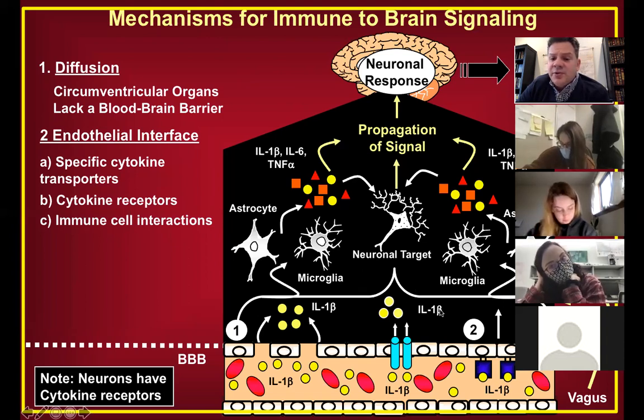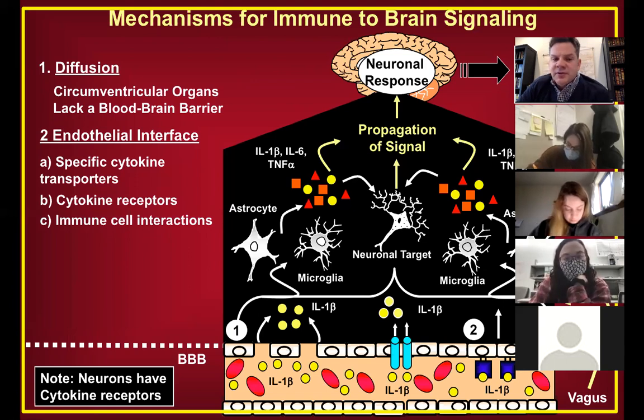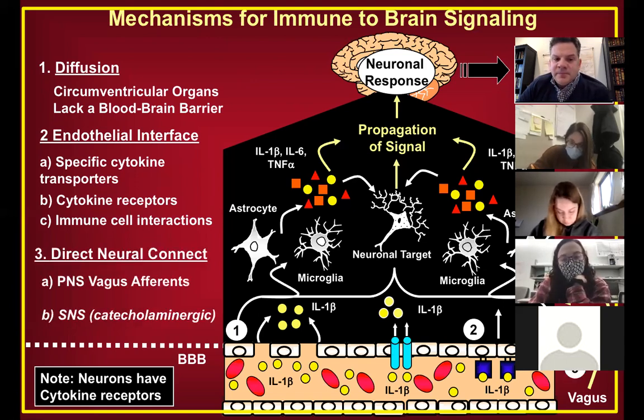And we can also have immune interactions here and actually get all those cells that get into the perivascular space. They can still signal the brain. Don't have to get into the brain, they can still signal within that perivascular space. And the last one is that there's direct neural connections, which is very fast.